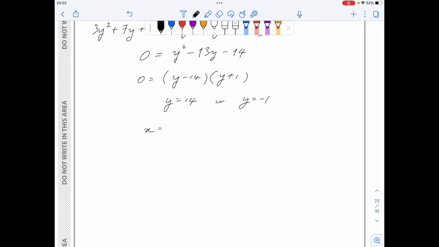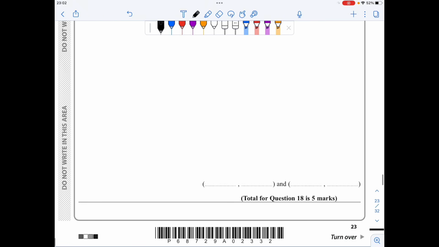So x is equal to 2 times 14 minus 1, x comes out to be 27, or x is equal to 2 times minus 1 minus 1, x comes out to be minus 3. So the coordinates of A and B are (27, 14) and (minus 3, minus 1).